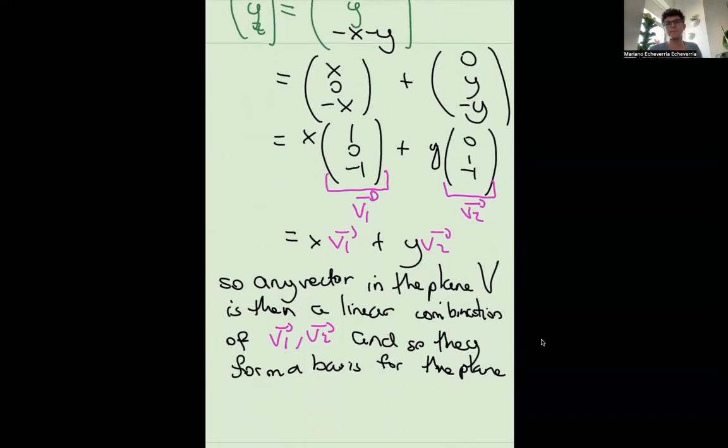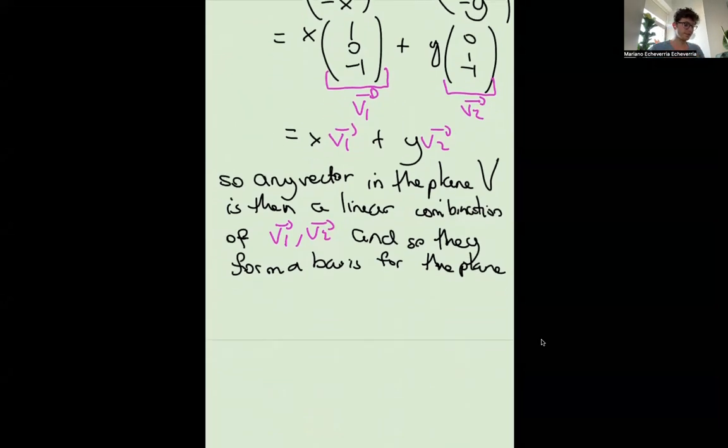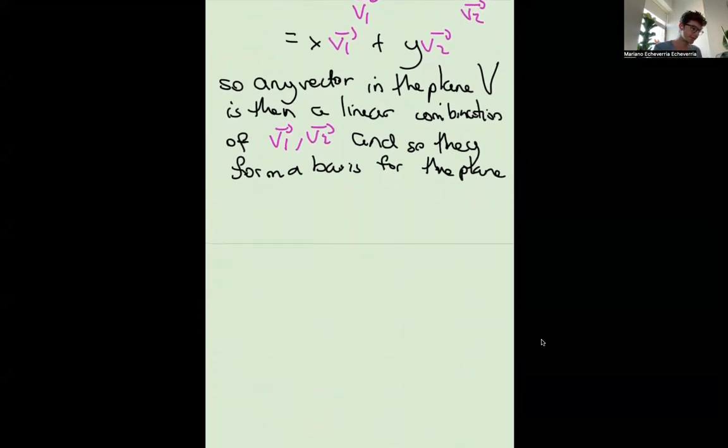Now, what's interesting is that a vector space can have more than one basis. In fact, it will have infinitely many different bases. So here's something important: the basis is not unique.